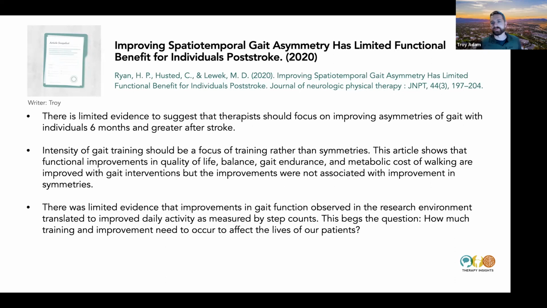There's often MCD data and MCID, minimally clinically important difference and minimal detectable change, that we should be paying attention to, because in this case, despite significant improvements in some of their measures, the subjects didn't actually participate in any more physical activity outside of the session. So, yeah.